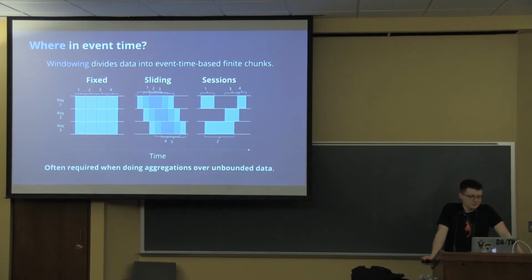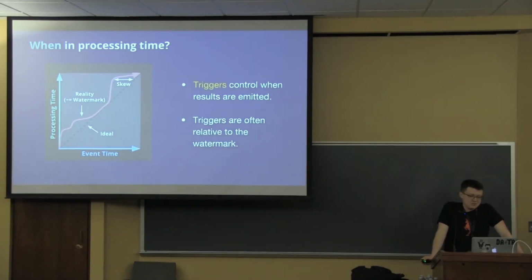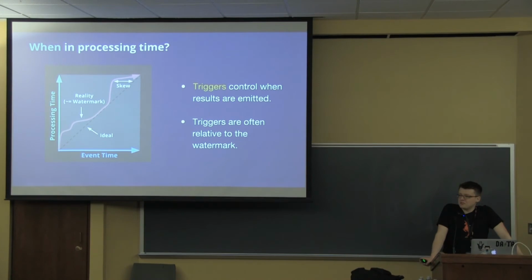Okay. So the next question we want to answer is when in processing time. There is a certain delay between when we get events and when they are processed on the client. And there is a concept of trigger that controls basically when we want to get our results.